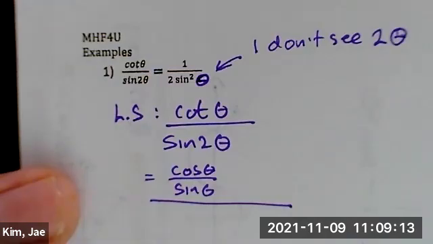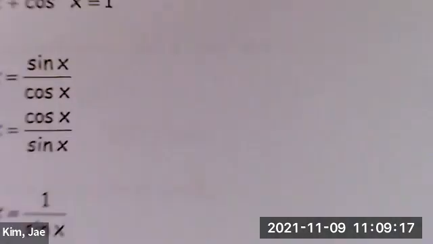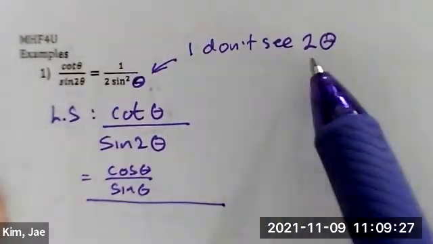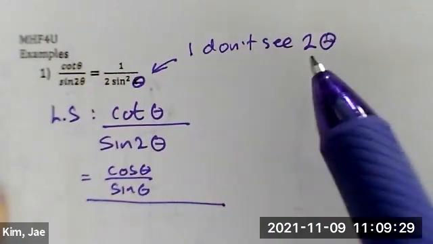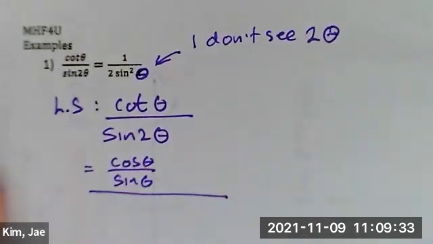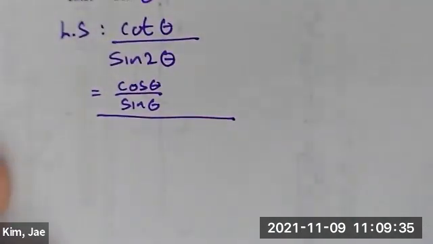Cotangent is 1 over tangent. If not, use this identity. On the right side, I don't see 2 theta. Everything has been converted to just regular theta, which means sine 2 theta, use your double angle formula.